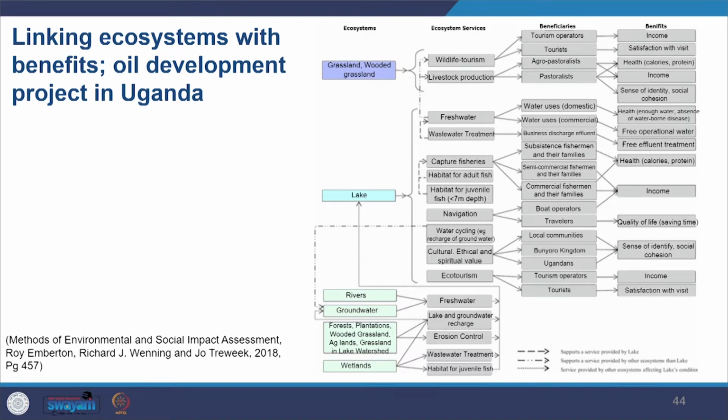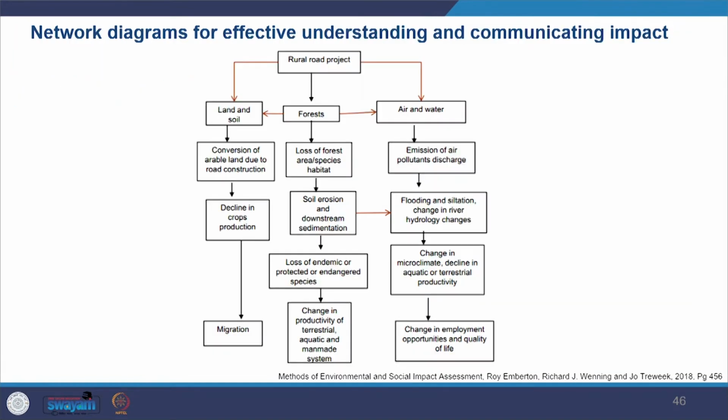So you look at these linkages, ecosystems with benefits, and this is taken from an oil development project in Uganda. You can see how complex the interrelationship is. So you can see the network diagram there, how complex the interrelationship is and how complex it will be to assess and manage information. For this purpose, you can draw flowcharts or network diagrams for effective understanding and communicating impact.